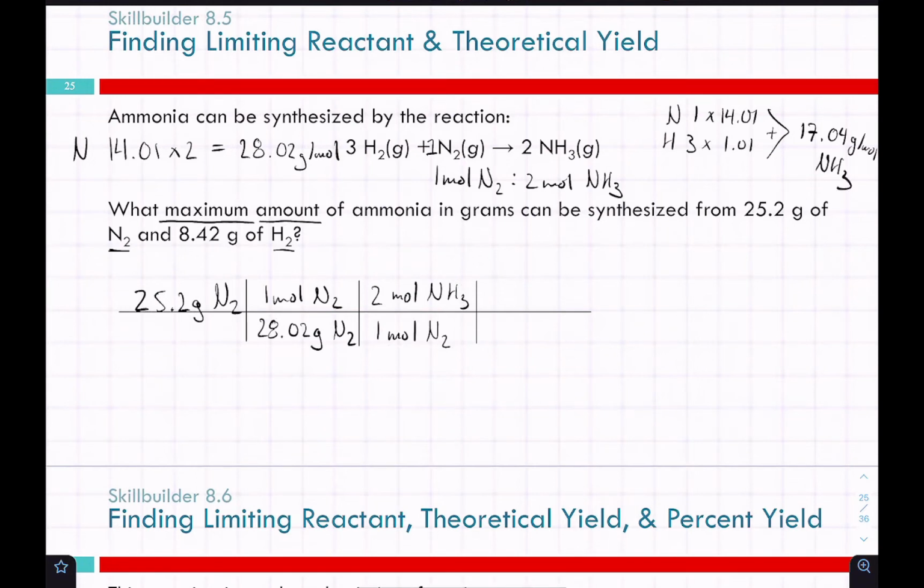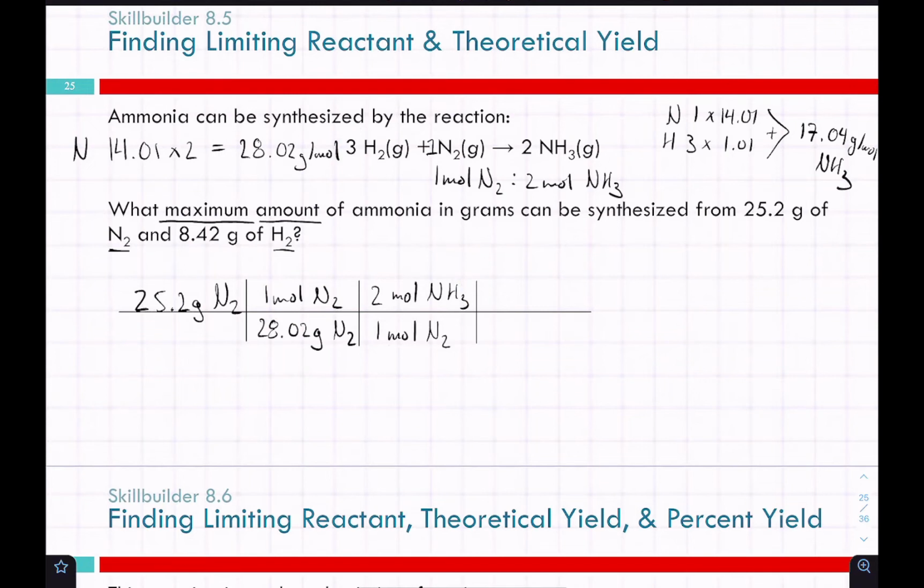Would you multiply it by 2 because there's 2 moles? Ooh, very good question. The answer is no. It's a great question because it comes up a lot. A lot of people have done that on stuff and never asked that question.